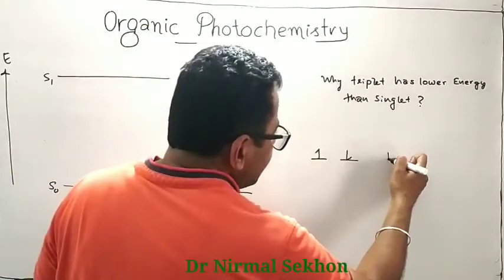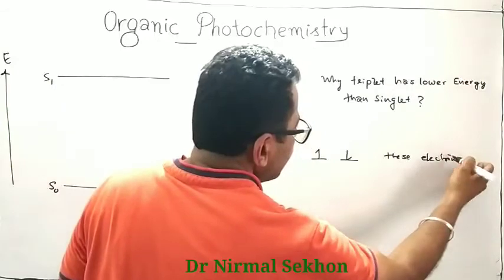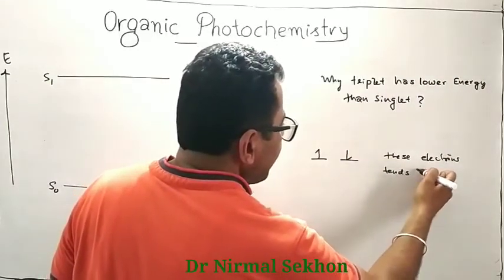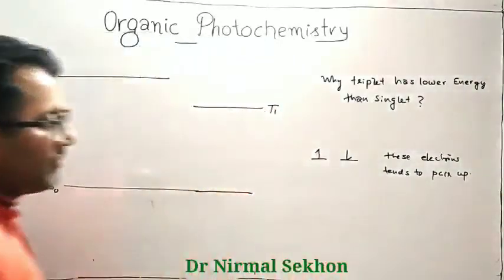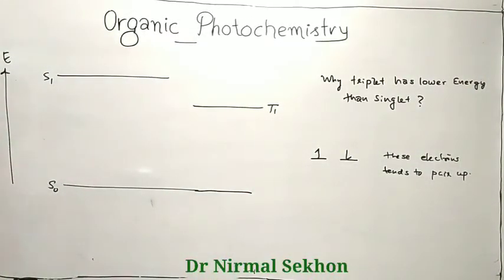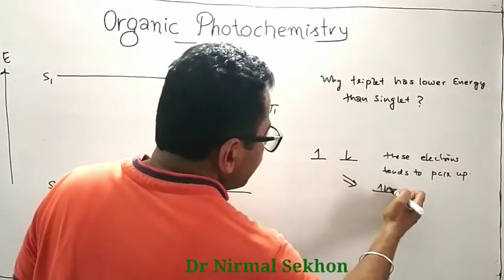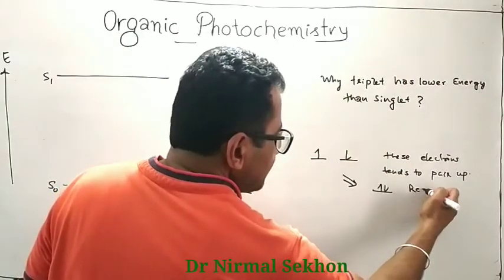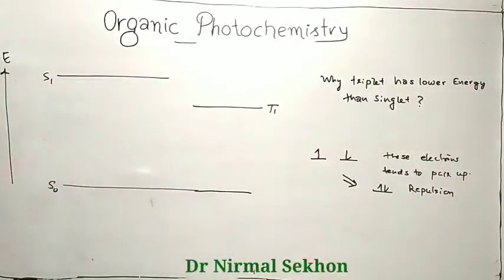Following Hund's rule, they try to pair up. So when they pair up like this, there will be repulsion.